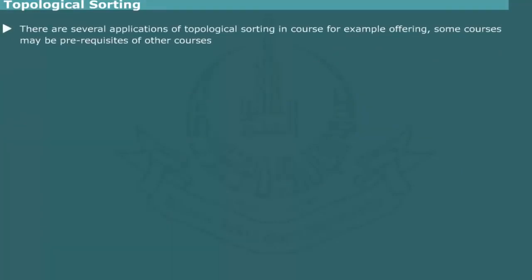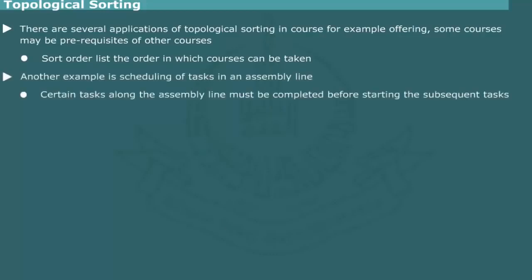For example, in certain course offerings, some courses may be prerequisites for other courses. A sort order would list the order in which the courses can be taken. Another example of topological order is the scheduling of tasks that must be completed before others can be started, such as in an assembly line.